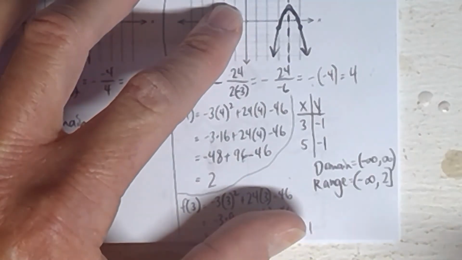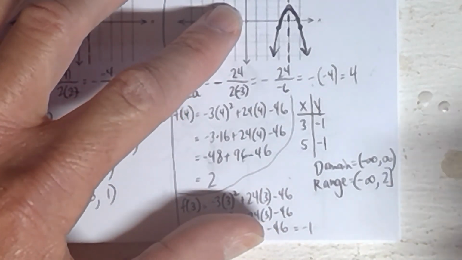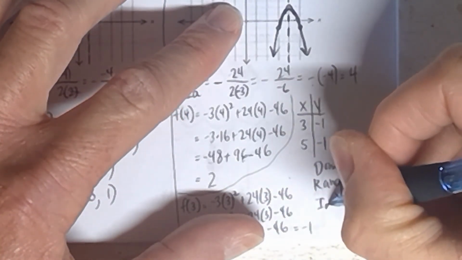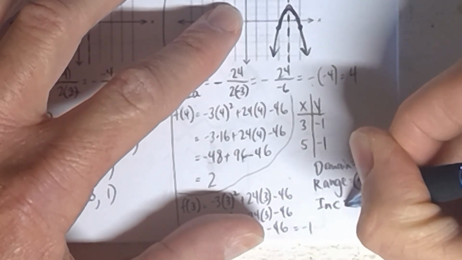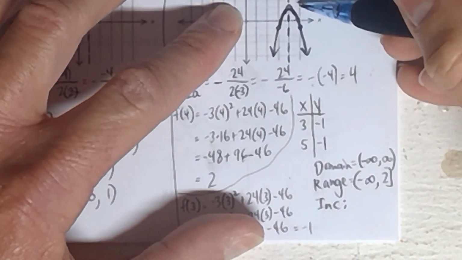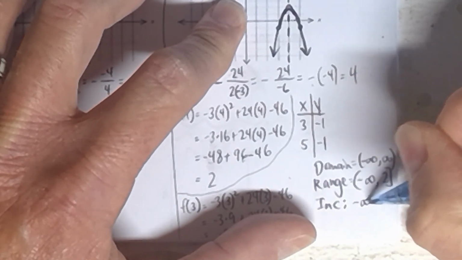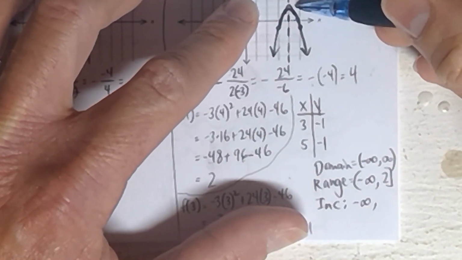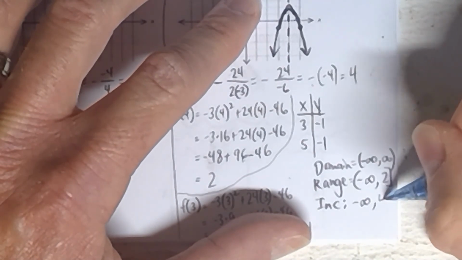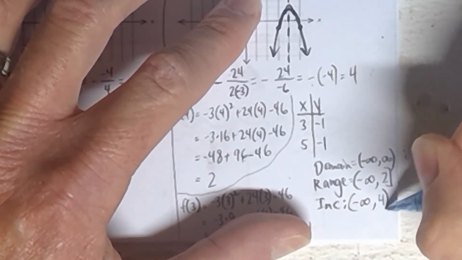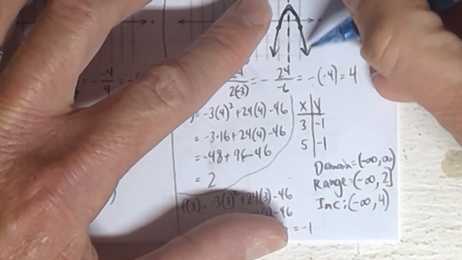Like that. Okay. What about increasing and decreasing? Because it's increasing first and then decreasing second, the increasing is going to start at negative infinity and go all the way to where it turns. It turns at x equal to 4. And then it starts decreasing after that, right?